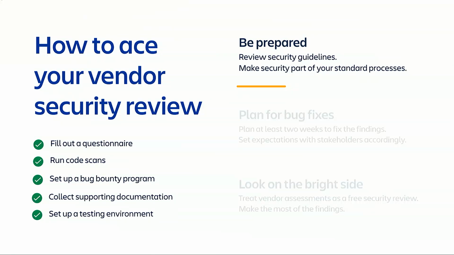So that said, the important question: how do you become successful? How do you ace your vendor security review? And I think the obvious answer is, prioritize security. The more secure you are, the more security practices you have in your organization, the more successful you can anticipate being, of course. But I know not all vendors can really support that. So what I can recommend doing is just the elements we've talked about. Just make sure that you prepare, right?